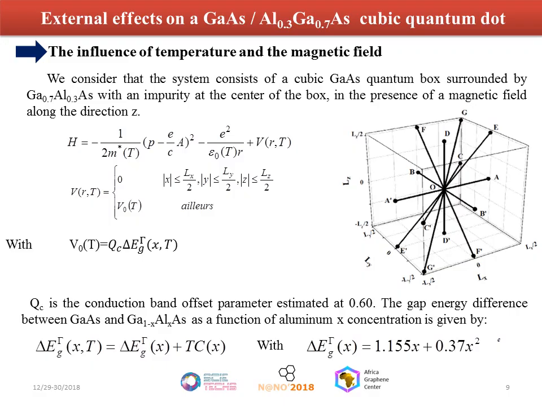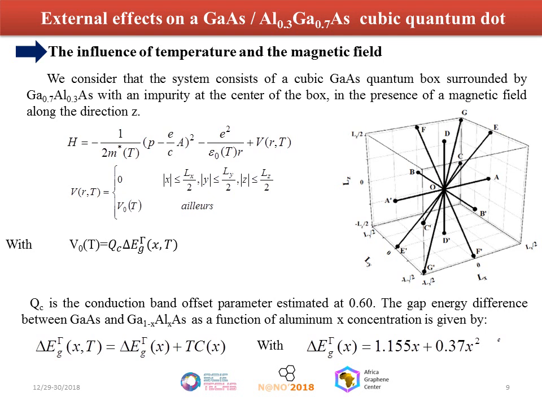The influence of temperature on the system of a shallow donor confined to move in a quantum box made of GaAs surrounded by GaAlAs with a uniform magnetic field. We are using the variational method within the effective mass approximation.